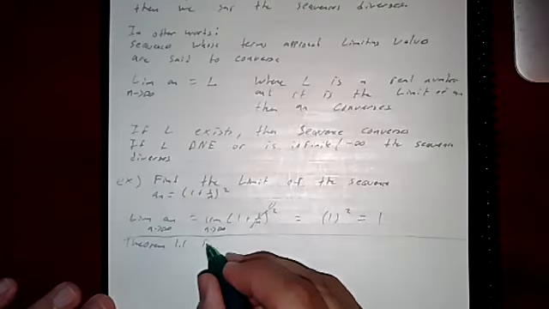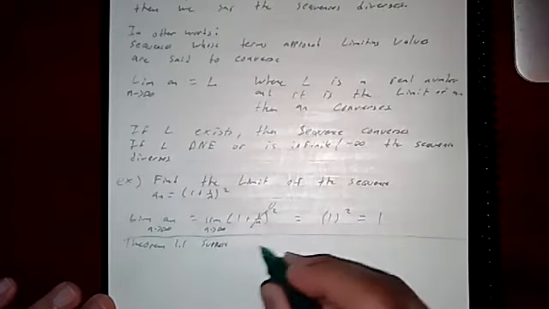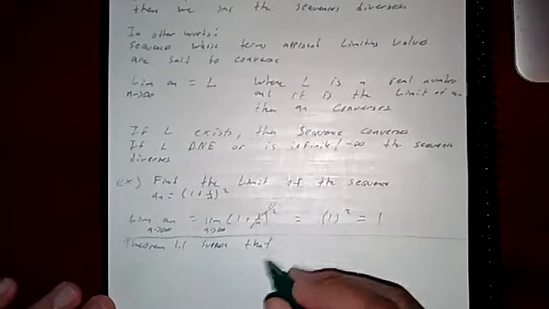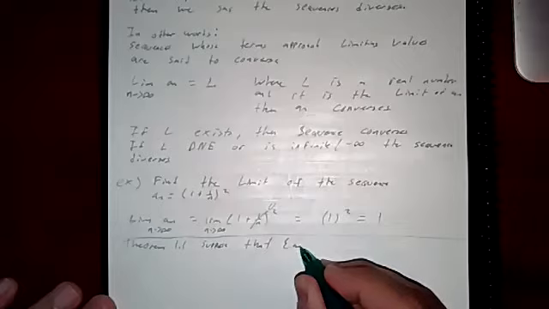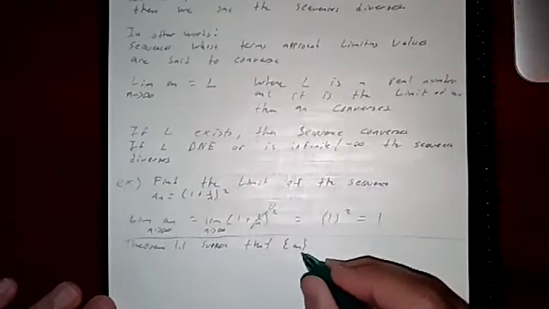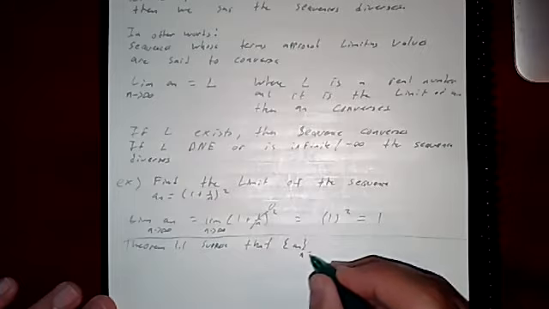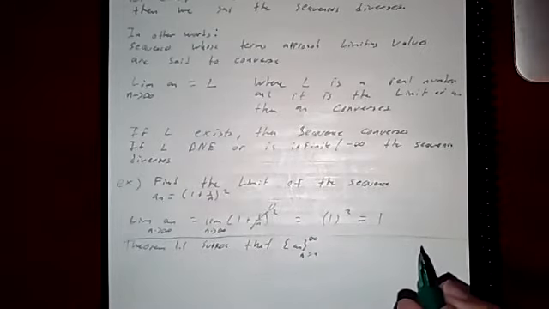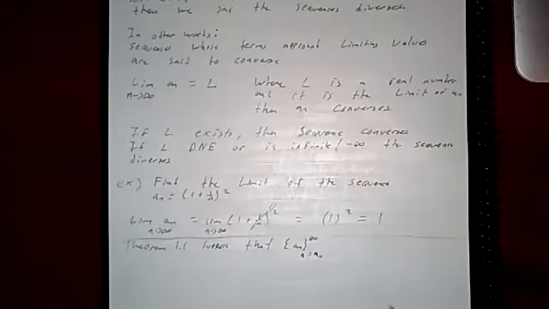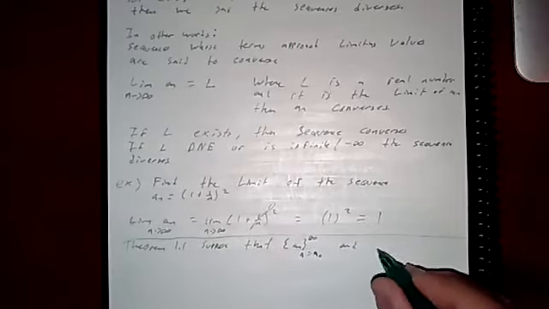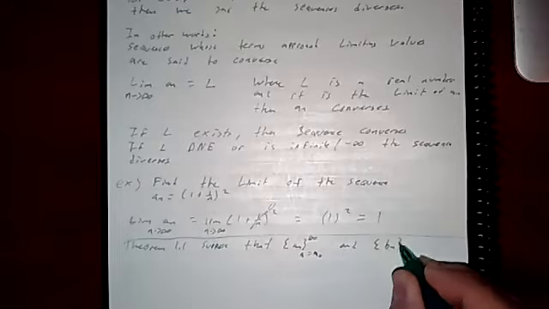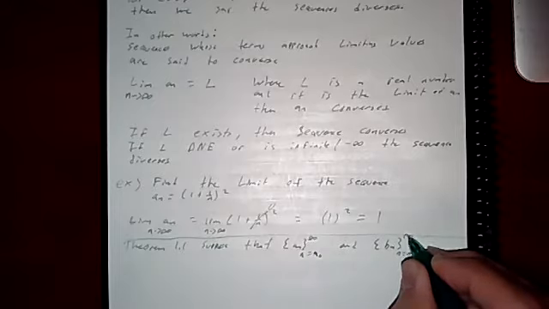Okay, so suppose that a sub n from n equals n sub 0 to infinity, and b sub n from n equals 0 to infinity.